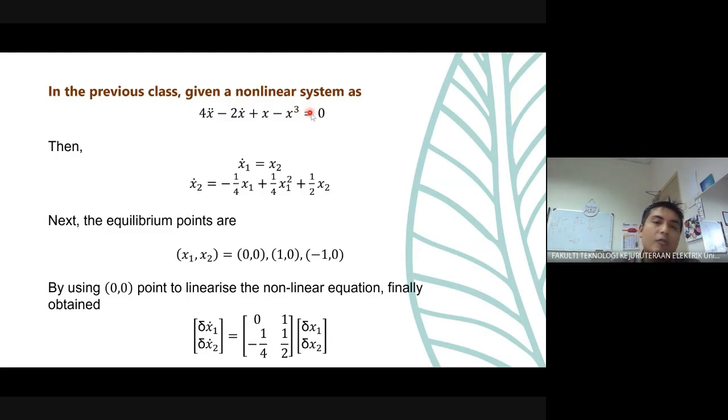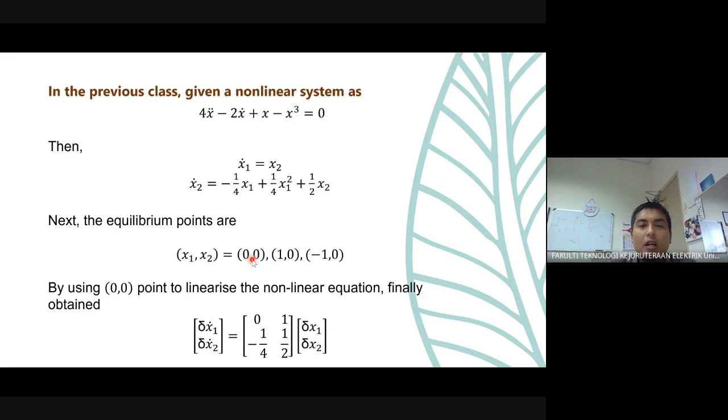After we obtain the equilibrium points, we can linearize the nonlinear system into a linear system. There are three points based on the calculation, and we just need to choose only one.